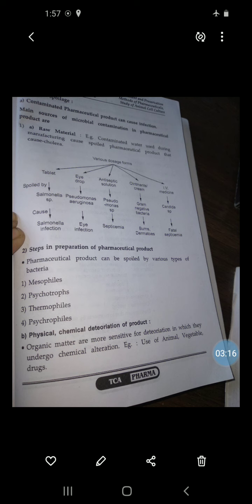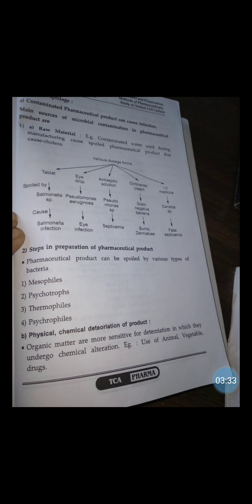Antiseptic solution, Pseudomonas species, causes septicemia. Ointments and creams, gram negative bacteria, cause burns or dermatitis. IV medicines, Candida species, cause fatal septicemia.